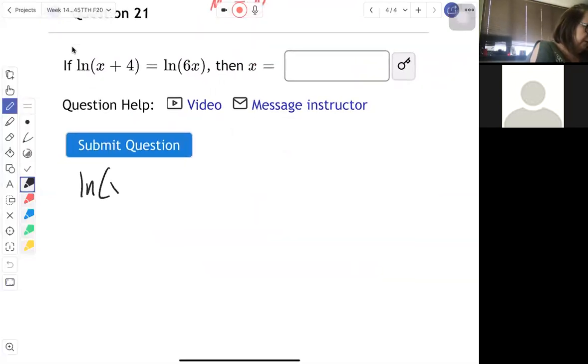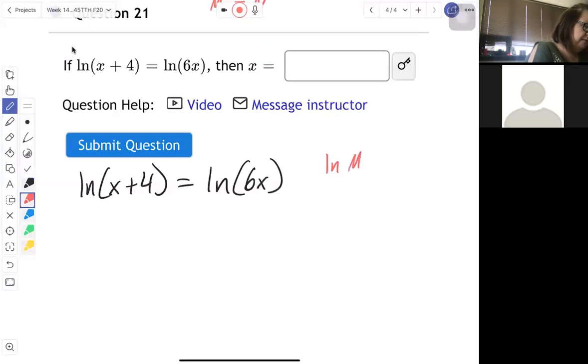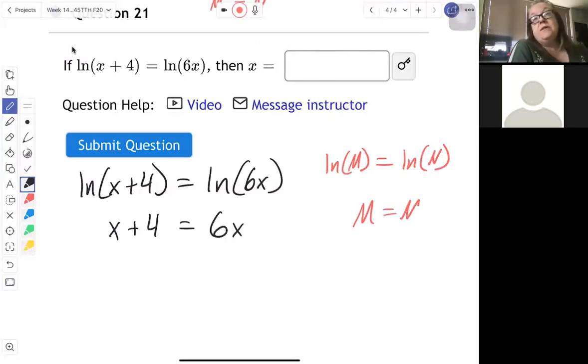All right, so let me rewrite this. And we do have that one-to-one form. I do have natural log of m equals natural log of n. And so I'm going to set m equal to n, okay? So m would be this x plus 4, and n would be 6x. Then we solve.